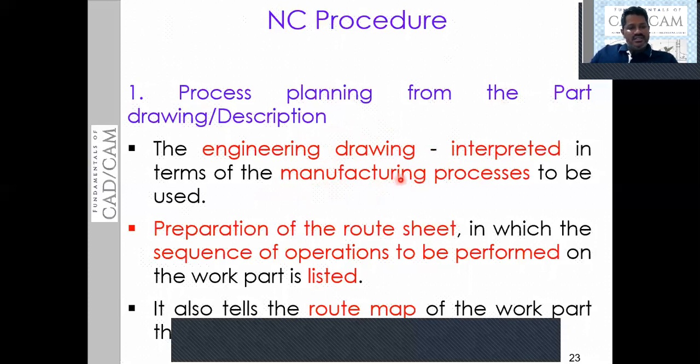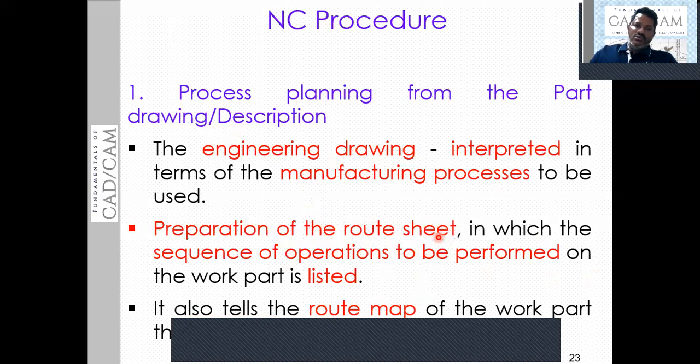Manufacturing process means, in this case, we are going to prepare the route sheet in which the sequence of operations to be performed, how it should be performed, and where it should be performed are listed, how much time it is taking, and the description of the work will also be recorded in this process planning sheet. Also, the route of the work part to be moved from one location to another is documented at this stage.